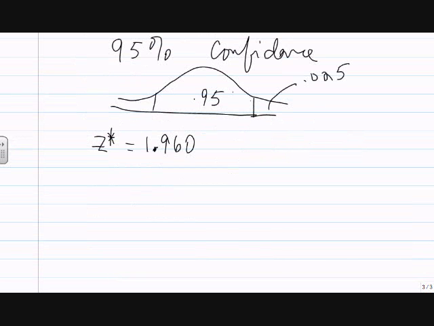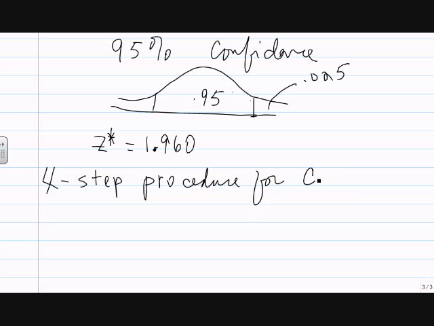Now let's do our famous 4-step procedure for a confidence interval. Whenever you are asked to do a confidence interval, you do these 4 steps. If you leave one out, maybe sometimes you'll get the answer correct, but often you won't.